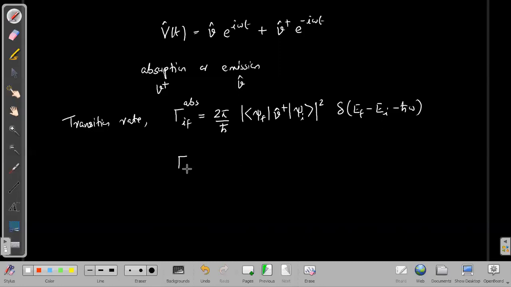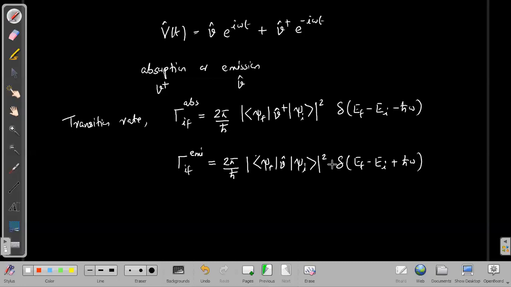And the transition rate corresponding to emission is 2 pi by H cross, mod psi f V psi i squared, times the Dirac delta function of EF minus EI plus H cross omega.